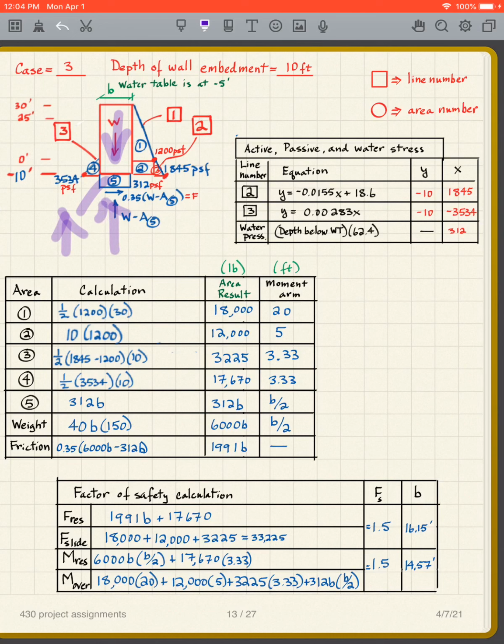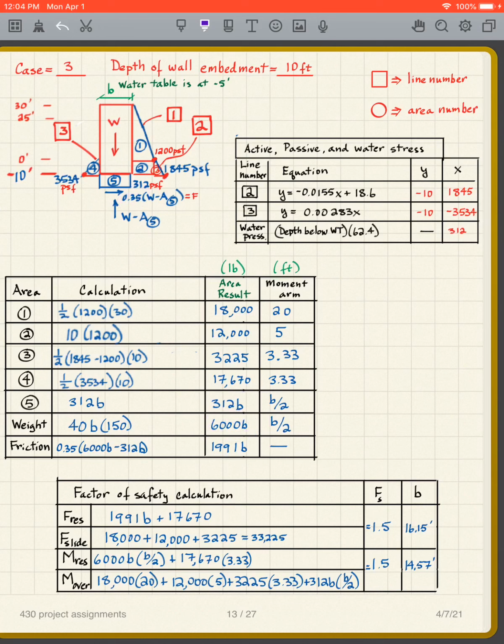So to keep equilibrium, it's simply the weight, W, minus the area of 5, and then the coefficient of friction is given to be 0.35.